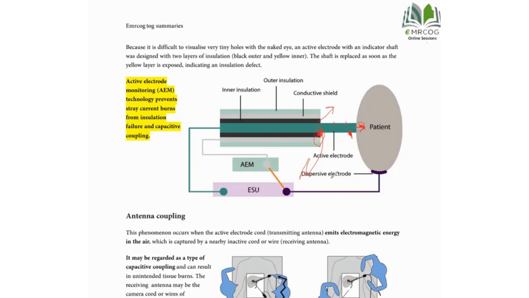Now we have a device that can prevent this, which is called active electrode monitoring. What is active electrode monitoring? It's a device that can detect that there is insulation failure or capacitive coupling, and it will beep when there is insulation failure or the energy is collected up here.